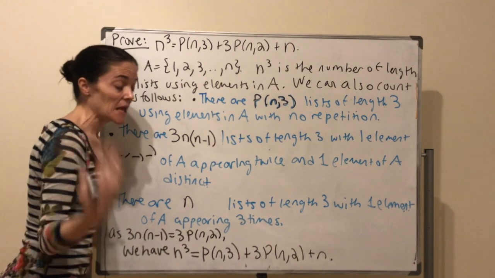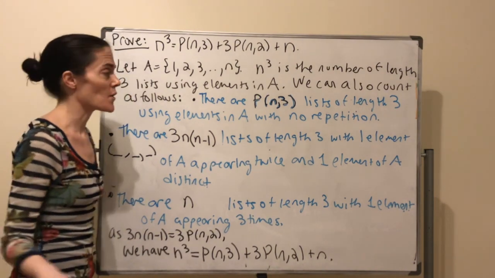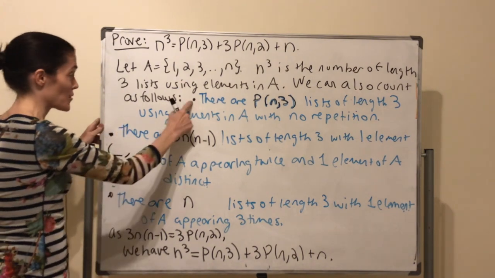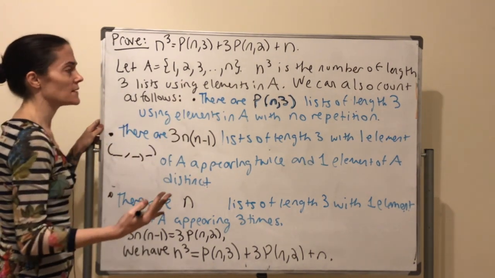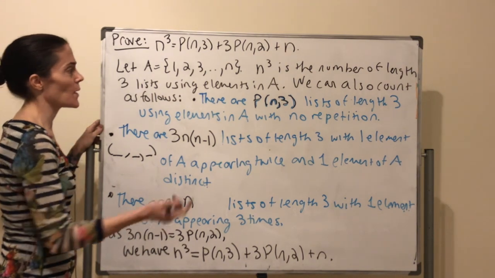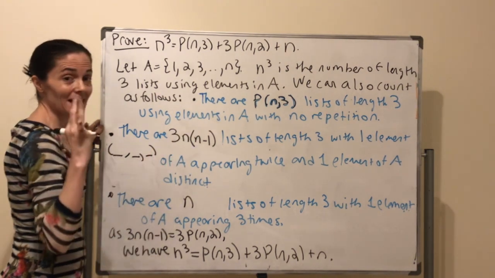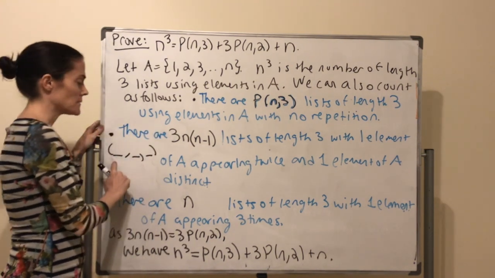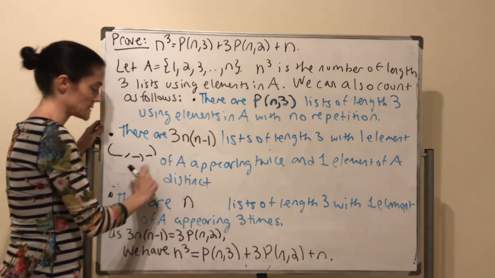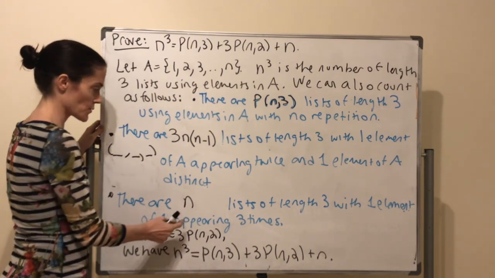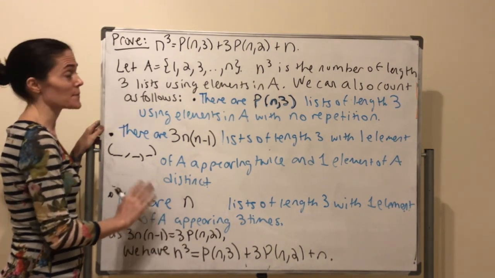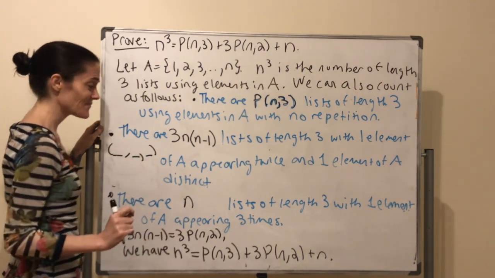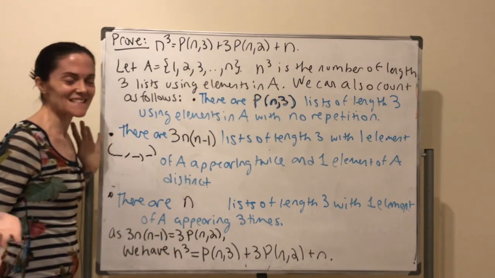And again, just like the other examples in this video, when I added, it was the addition rule. All three of these options, there are no lists of length 3 that appear in more than one, because these have 3 different elements from A, and these, there are 2 that agree and 1 that's different. And in this third case, they're all the same. So there's no overlap, and we can just add. Okay, and this is the end of this combinatorial proof.